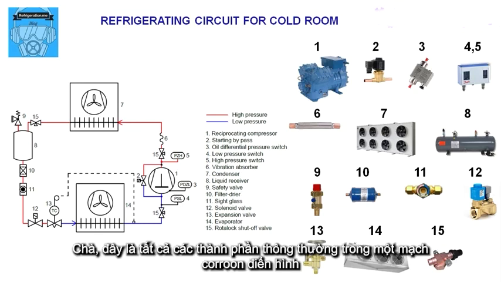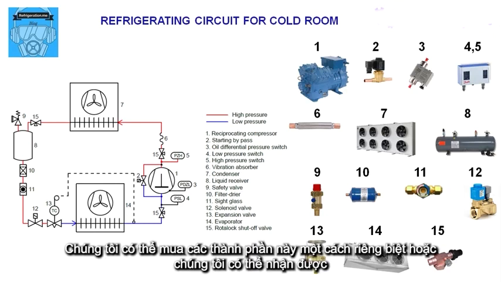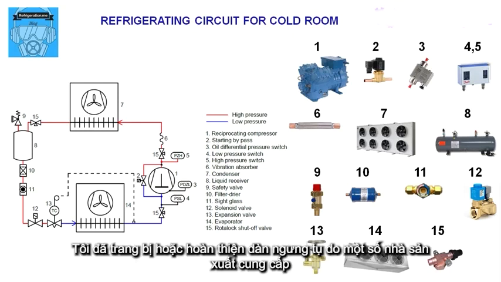Well, these all are the usual components in a typical cold room circuit. We can buy these components separately, or we can get an equipped or complete condensing unit, which is offered by some manufacturers.